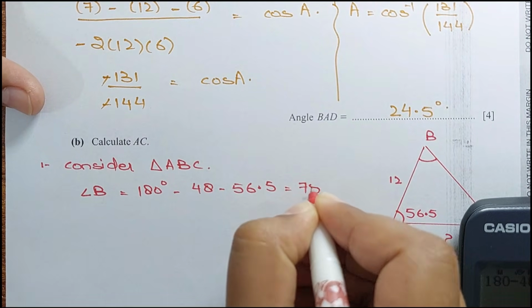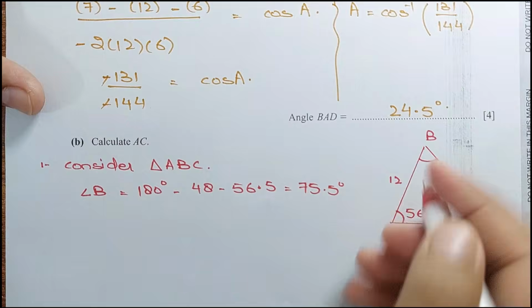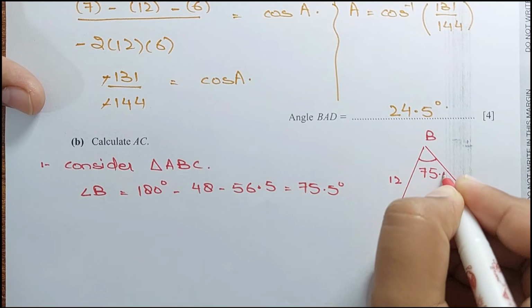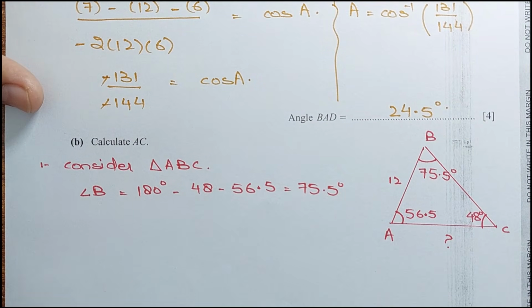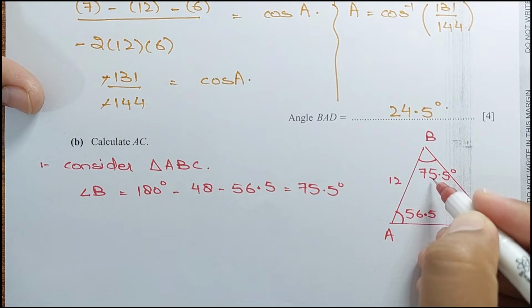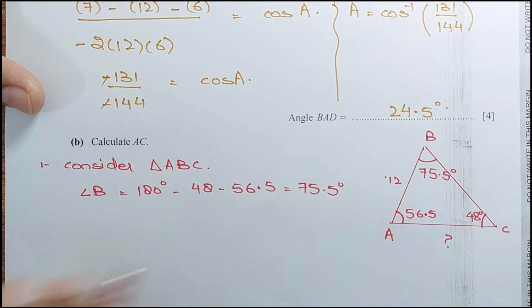Angle B is 75.5 degrees. So we are done with that angle, right?